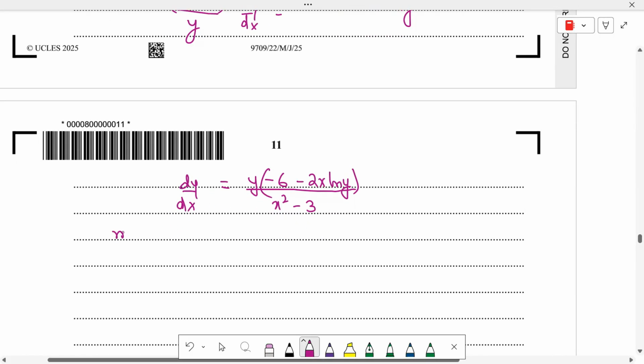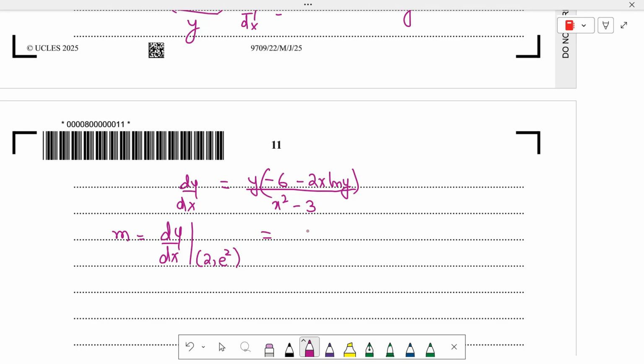So the slope will be equal to dy over dx at the given point, which is 2 comma e to the power of 2, and this y means e to the power of 2, and the negative 6 minus 2x, x is 2, ln y is e to the power of 2, over x square, means 2 square minus 3.